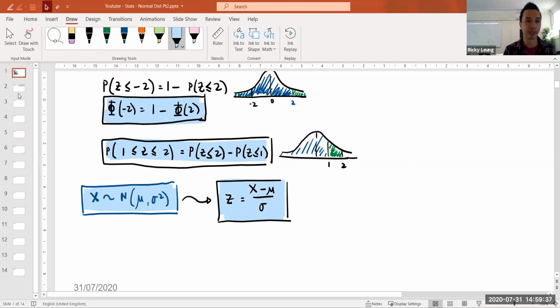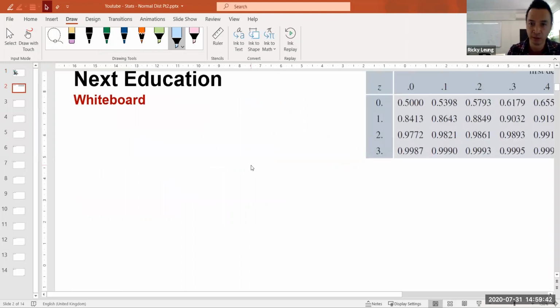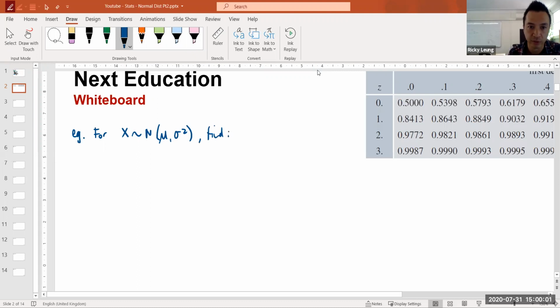Let's do a few examples that illustrate this point. I'll do over here where I've, not by coincidence, have a table here. Let's say 3 easy examples, for a random variable that is normally distributed with mu and sigma squared variance, find, and I'll give you 3 examples just to run this through quite quickly. A: X is less than or equal to 6, where in this case mu equals 4 and sigma equals 2.